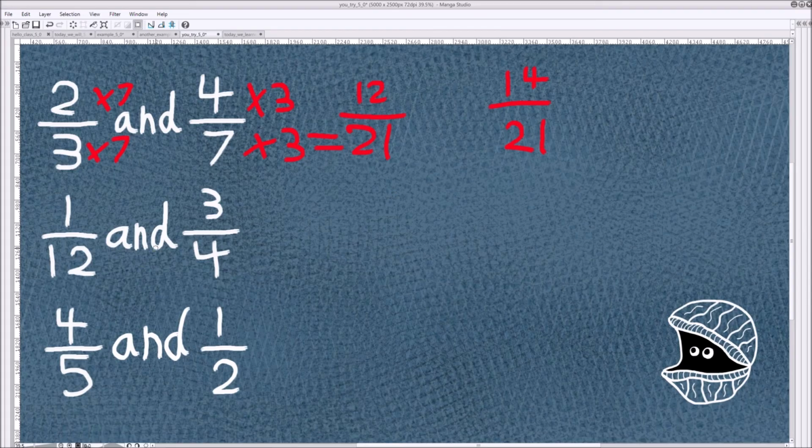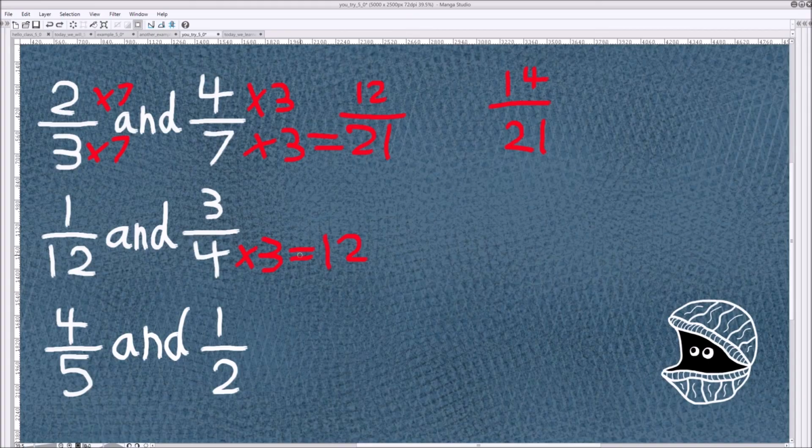And yeah, we will move on to the next one of 1/12 and 3/4. So you could have listed out the multiples of 12 and 4. However, you could have realized that 4 times 3 equals 12. And the very first multiple of 12 is 12. So we can actually leave 1/12 alone, because 12 is already our lowest common denominator.